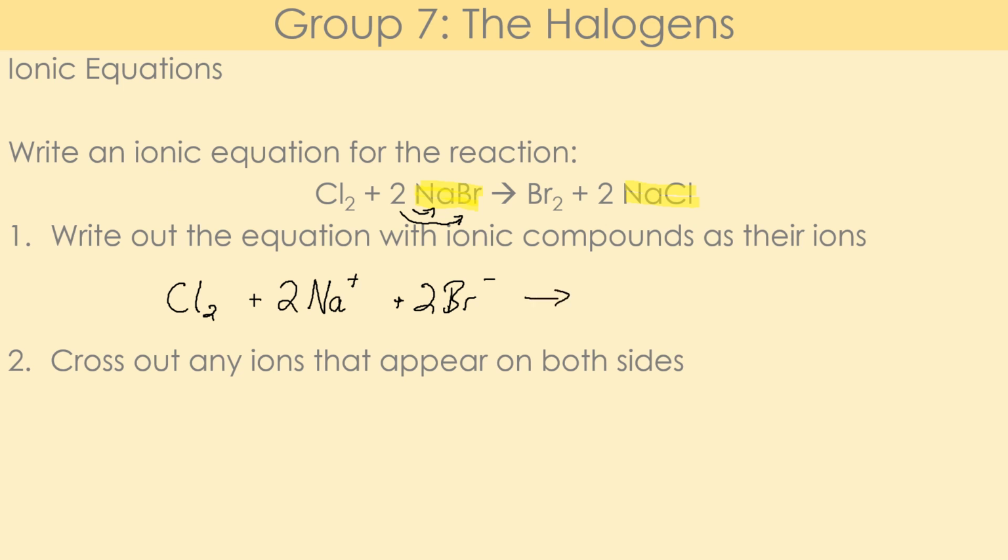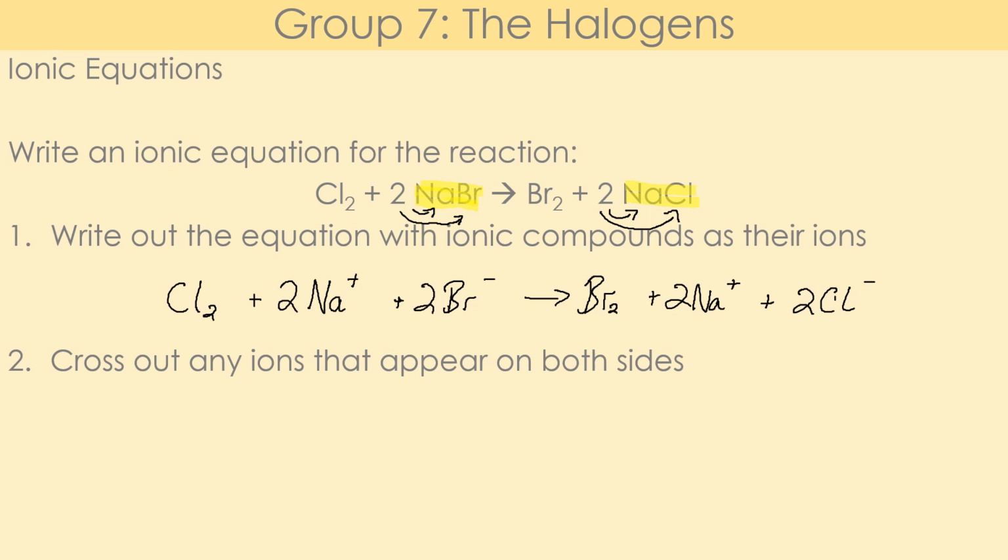It's going to make Br2, that's not an ion, I can leave that as it is. Plus, I've got 2 sodium ions. Again, it's in group 1, so it's going to be a +1 ion. Plus 2, again, that 2 refers to everything in this compound, Cl- ions.